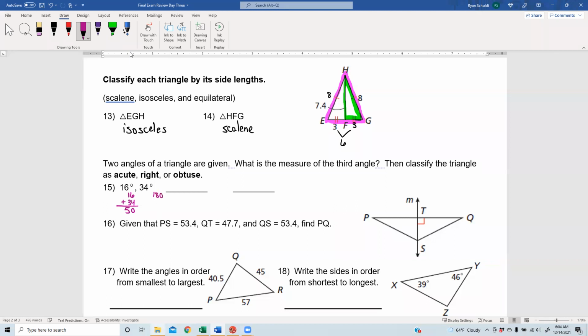Subtract that from 180. We get 130. So this other angle is 130 degrees. So would this triangle be acute, right, or obtuse? It's obtuse because it has an obtuse angle.